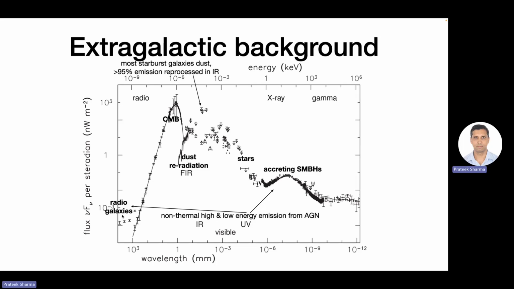Okay, what is shown here is this nu F nu. This is like flux per wavelength, right? So F nu is the flux per unit frequency, and nu F nu is flux per unit logarithmic frequency.